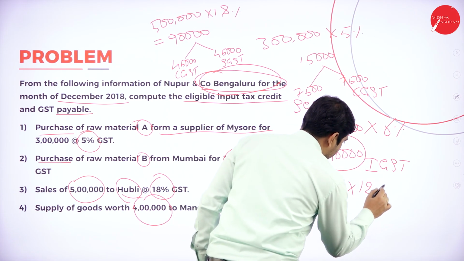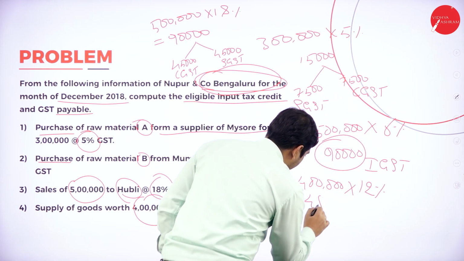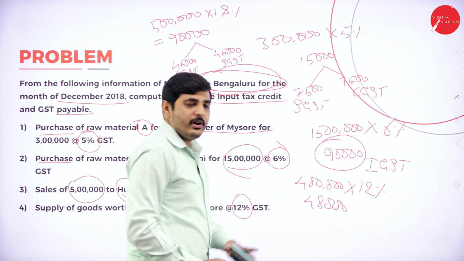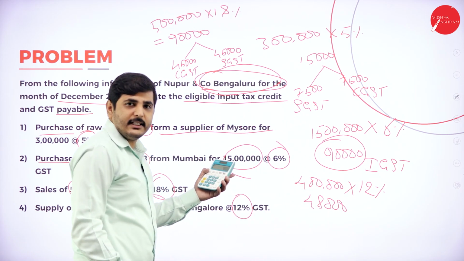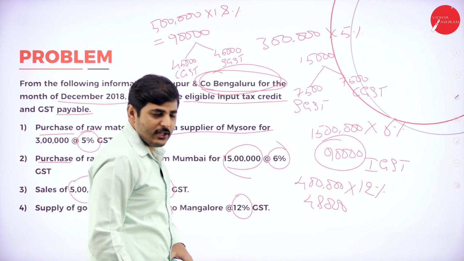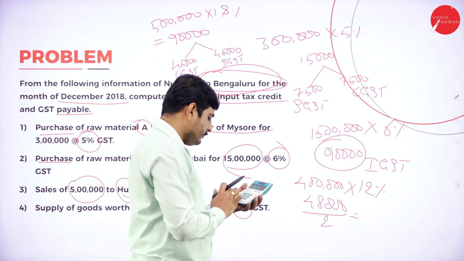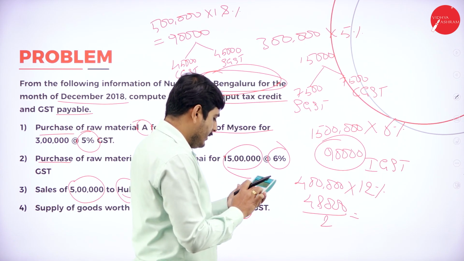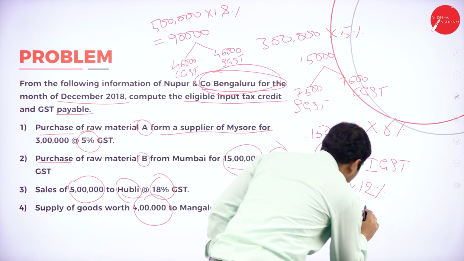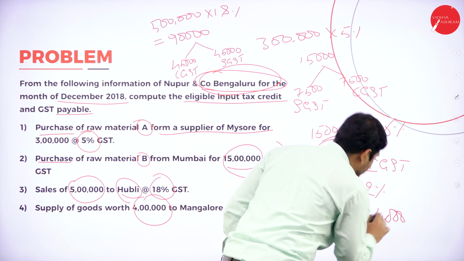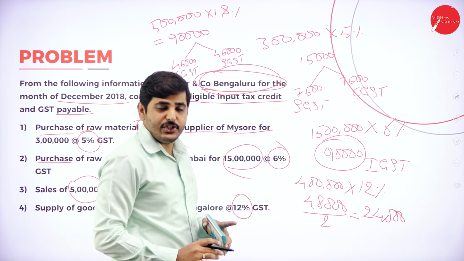Out of 48,000, 6% is CGST, 6% is SGST. So it is divided by 2. 48,000 divided by 2 equals 24,000. So 24,000 is CGST, remaining 24,000 is SGST.